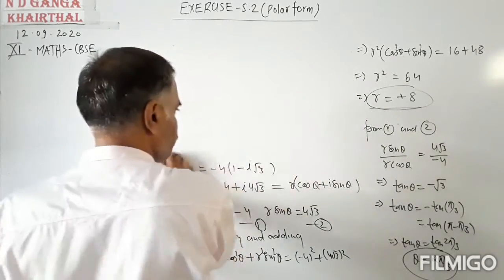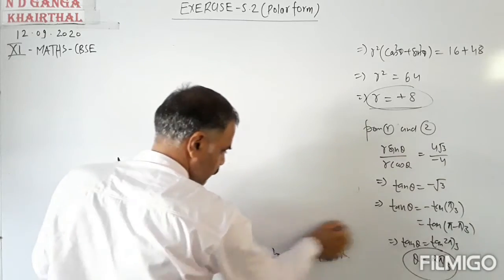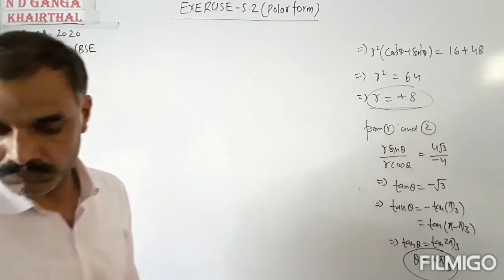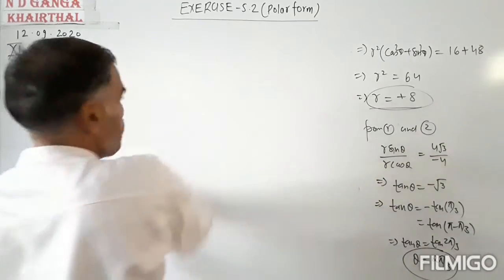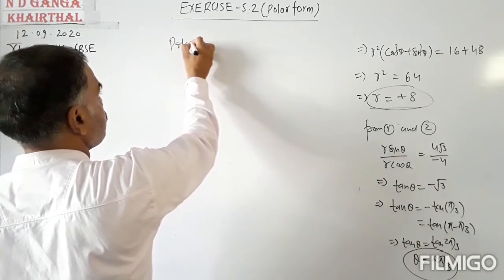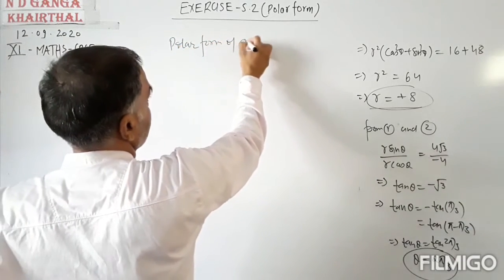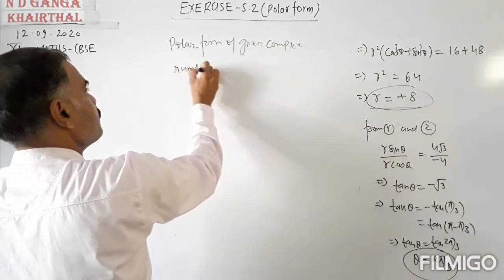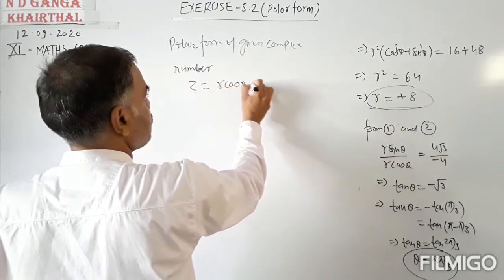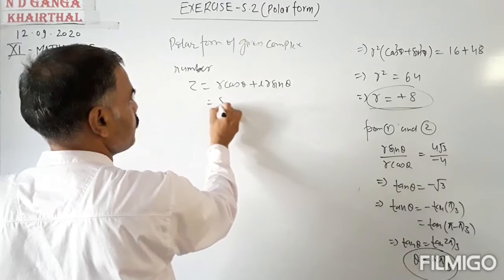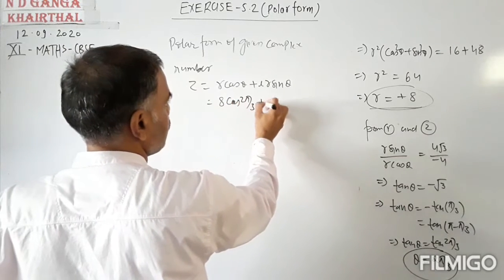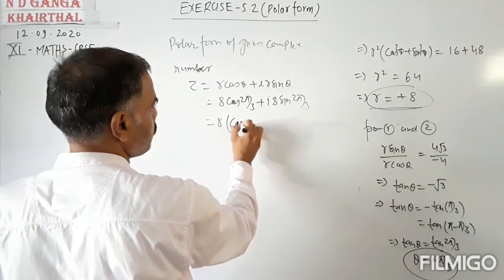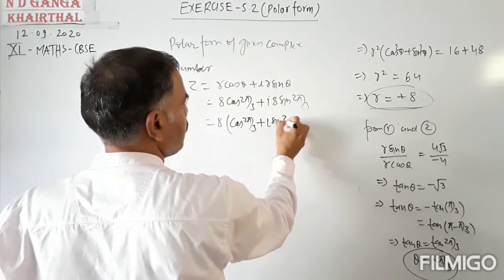The polar form of the given complex number is z equals r cos theta plus iota r sin theta, equals 8 cos 2 pi by 3 plus iota 8 sin 2 pi by 3, or taking 8 as common, 8 times cos 2 pi by 3 plus iota sin 2 pi by 3.